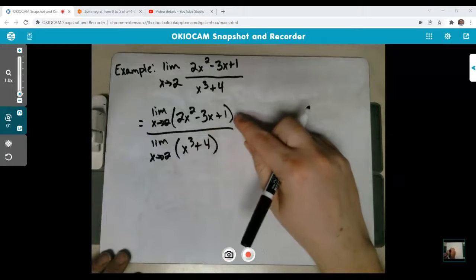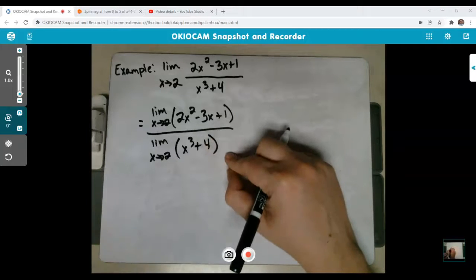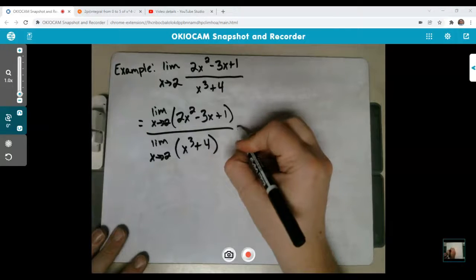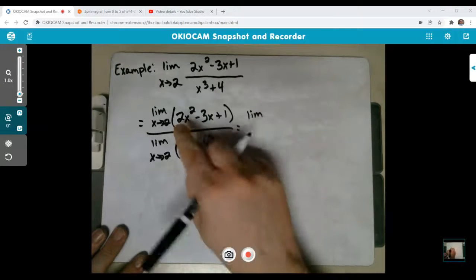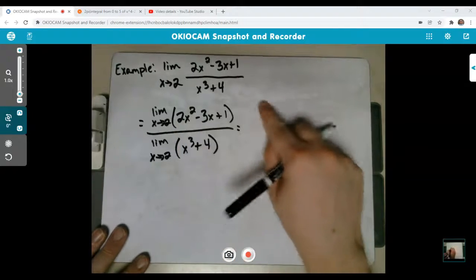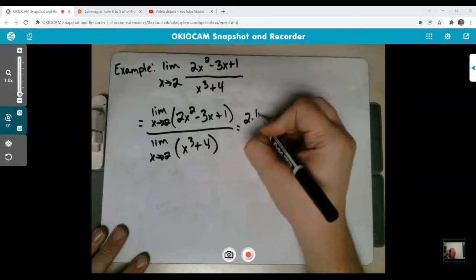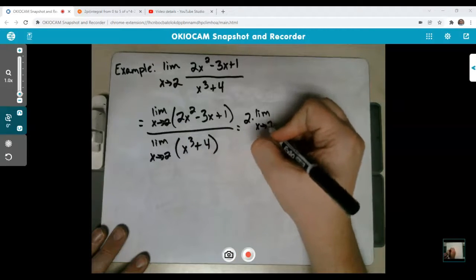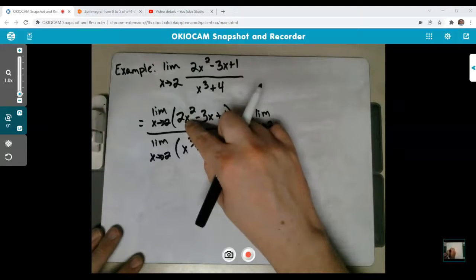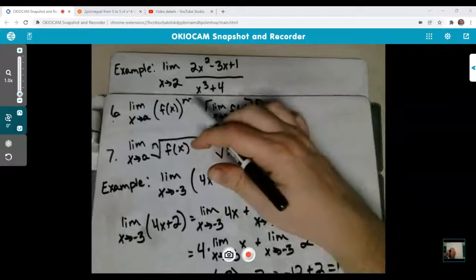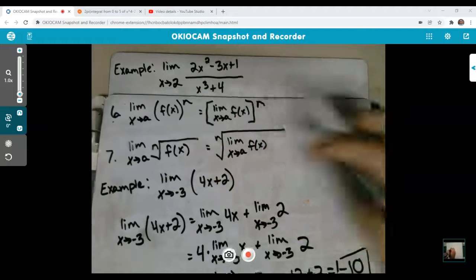Well, now on each the top and the bottom here, I can see I can use my laws even more, right? So I can write this with my first term being 2x squared. My 2 I can bring out front, so that's 2 times the limit as x approaches 2. It was x squared, but remember we had the rule where if I have a power, I can bring it outside, right?